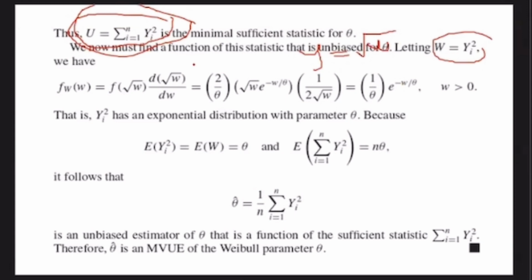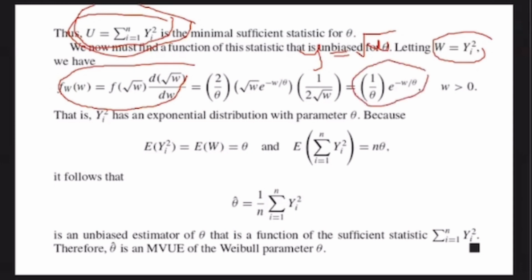What am I doing here? This is a method that I'm going to use. If I want to get the f of w, where w is equal to y squared, using what we call a Jacobian transformation, I'm going to plug in the square root of w in place of y in the function. Then I'm going to perform a derivative of that. After doing that, this is what I got.